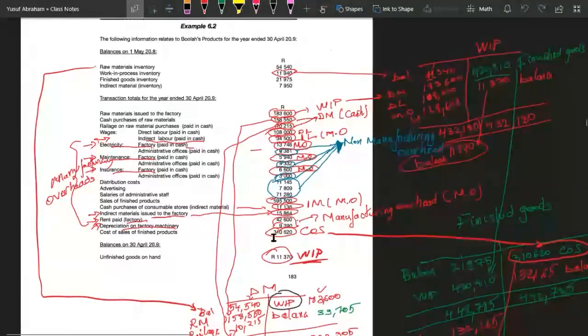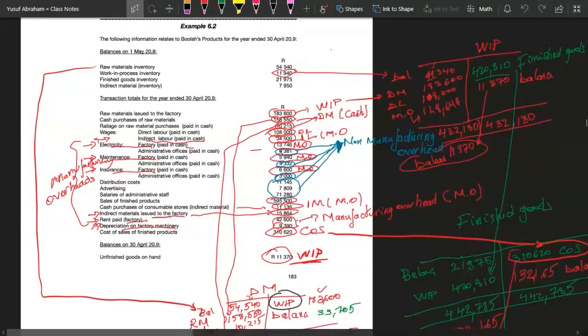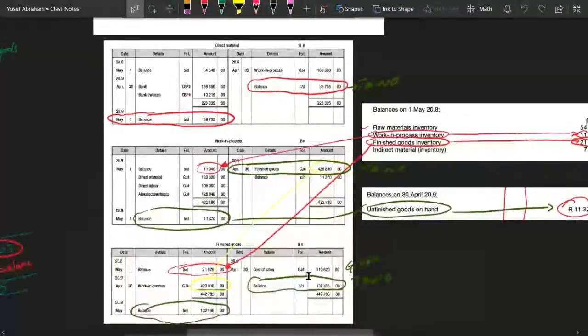It's 310,000. So if they provided it to you, then you don't need to work it out because it is given. You just add it up there. What is not given to you is the closing balance. And you can work out the closing balance by taking the total minus the cost of sales that was given. That's how you work out the balance.